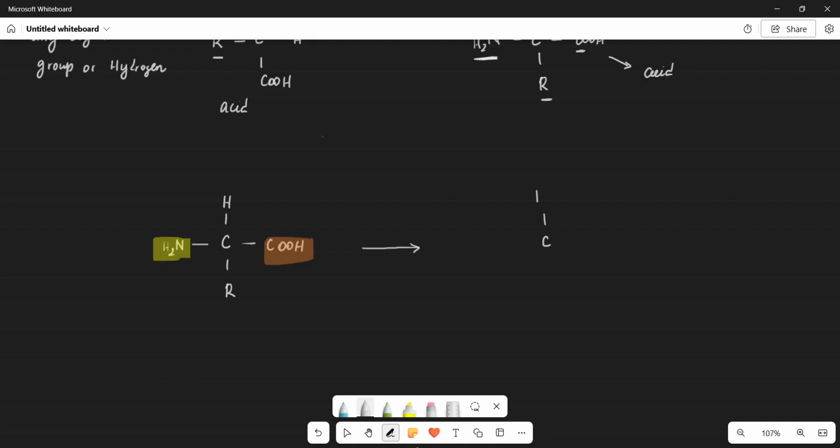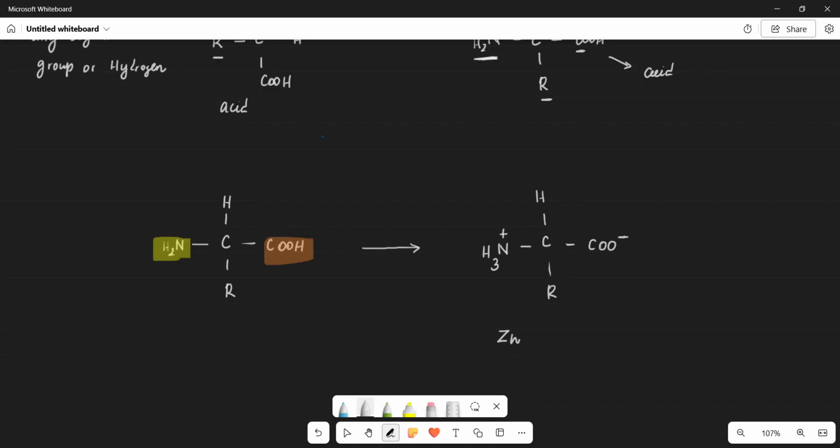Carbon, hydrogen, R. Now this one is going to become NH. Already it has 2 hydrogens and it is going to accept 1 hydrogen from the acid, so it becomes NH3, positively charged. And as an acid, the COOH group donates its hydrogen, so when the hydrogen is lost, it becomes negatively charged.